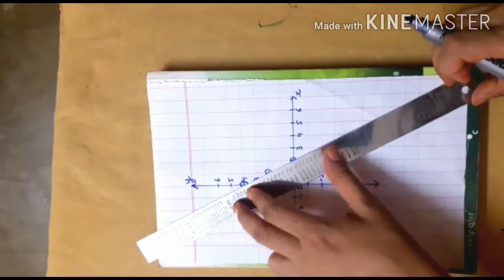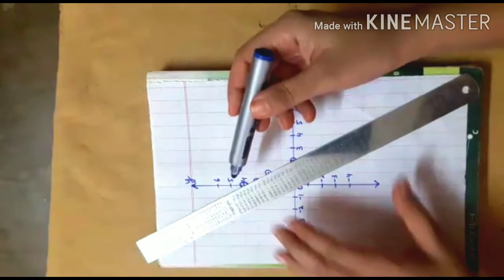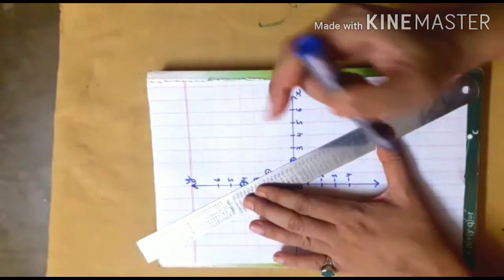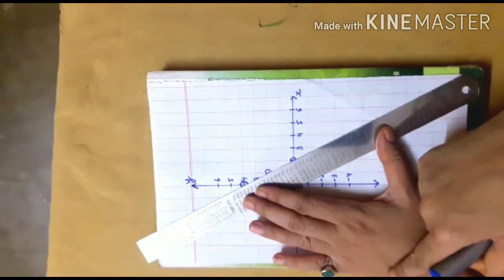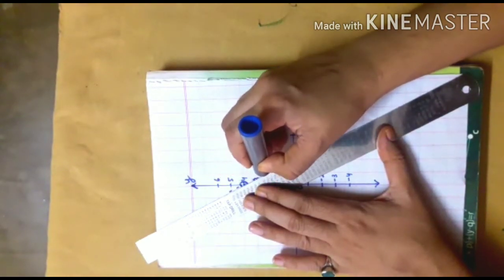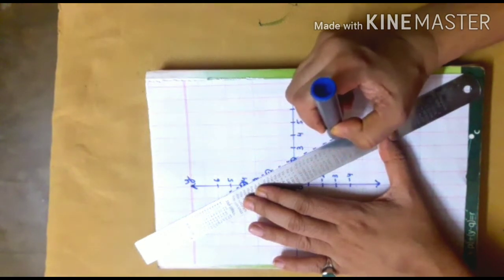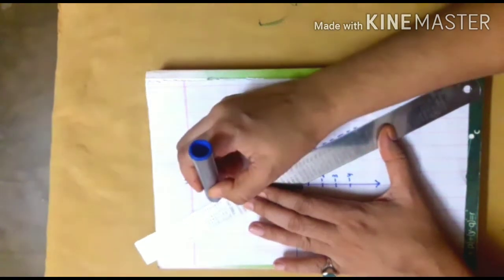Yes. Now look here. The inequality is strict. That means points lying on this line will not be a part of the solution region. So I'll draw a dotted line, or what we call a broken line.